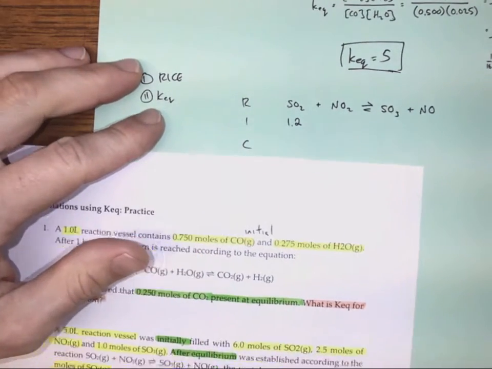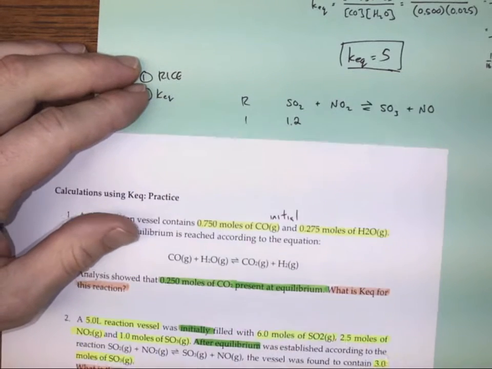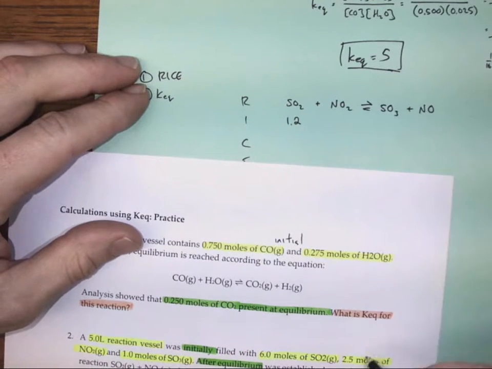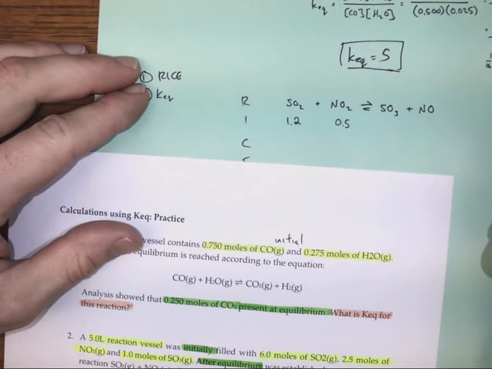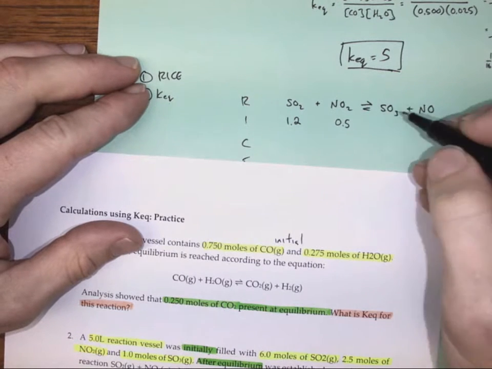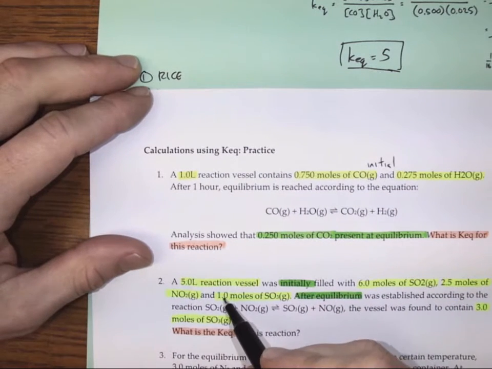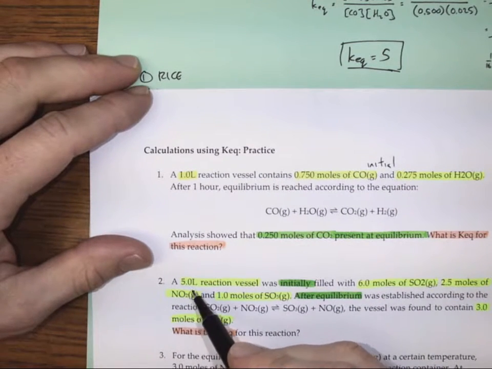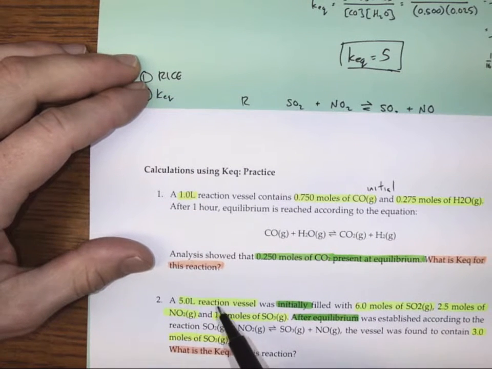Then I've got an initial concentration of nitrogen dioxide, which is 2.5, but for every 5 liters, so that's going to be 0.5 moles for every liter. And I've got a mole split between 5 liters, so if I imagine splitting a mole into 5, that means I've got 0.2 moles for each liter.